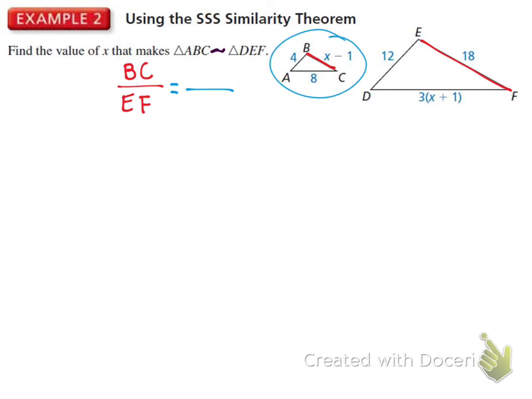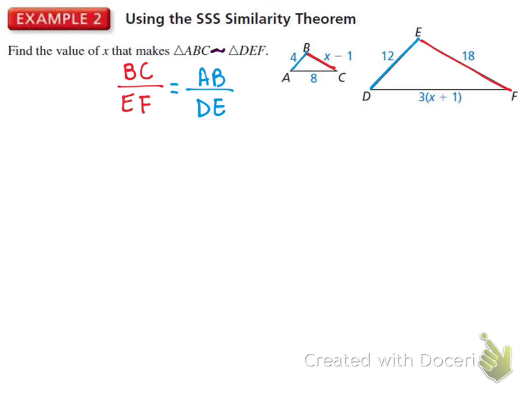So you have two options, but which one would we rather use because it's corresponding with the less complicated? We want to use AB because AB corresponds with DE. So again, my numerators come from the same triangle. My denominators come from the same triangle. We are good to go.